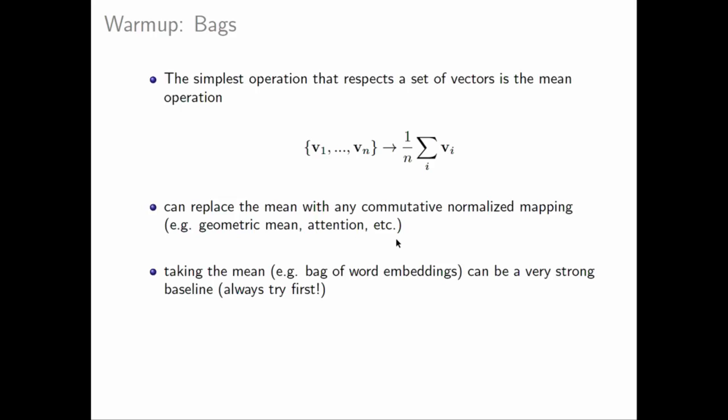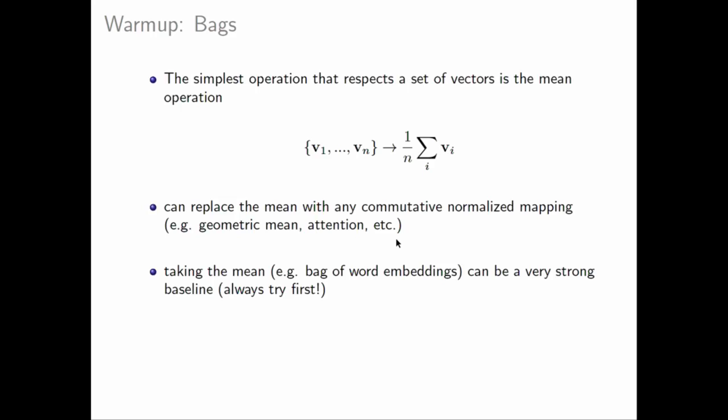People who do bags of things have a classical approach: if you have a problem, the very first thing you should do is take a bag of things, because it's often really good. Of course, taking a sum is not the only thing you can do. You can take products. More recently, people have started doing attention. Attention is a thing which is dynamically resizable and invariant to permutations.